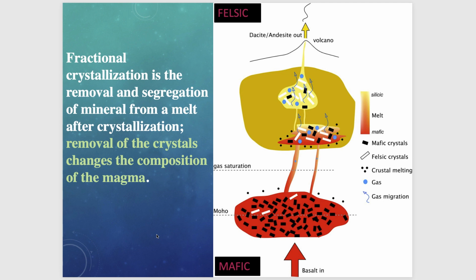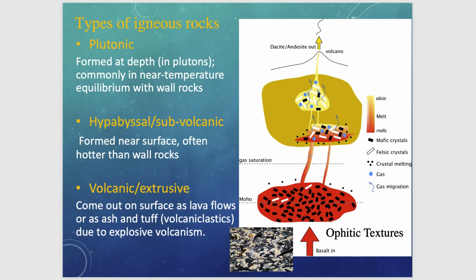So any crystallization will lead to a change in the magma composition. This results in a variety of igneous rocks. We can distinguish the plutonic, the hypabyssal, and the volcanic or extrusive rocks.